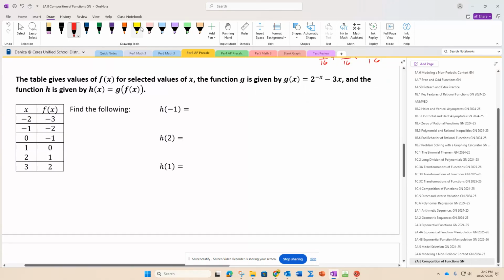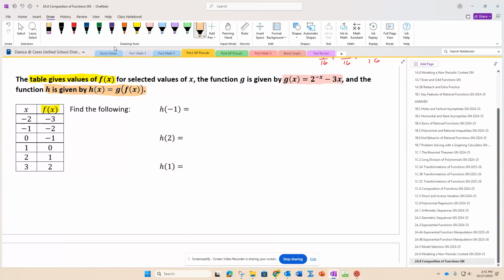So in this, our table of values is our function f of x, and the table gives values of f of x for selected values of x. The function g is given by g of x equals 2 to the -x power minus 3x, and the function h is given by h of x equals the composition g of f of x.